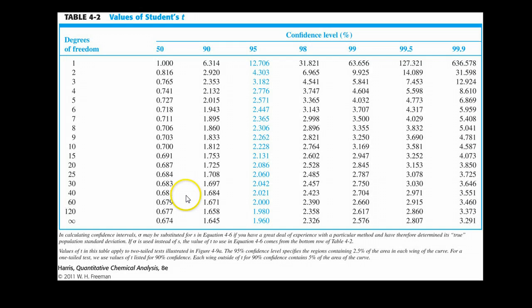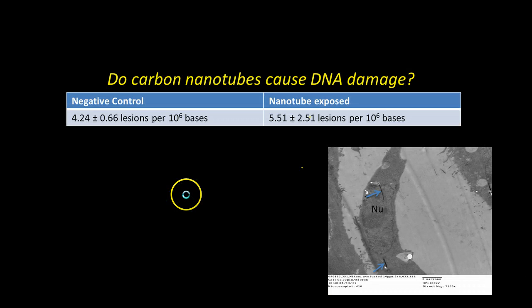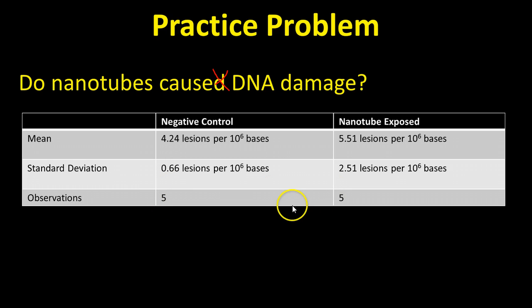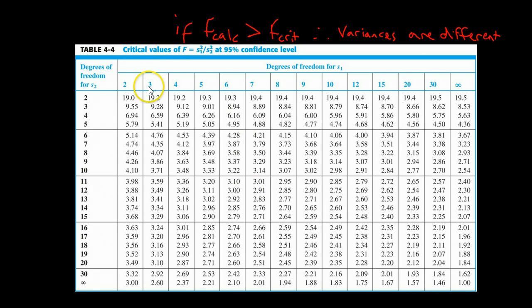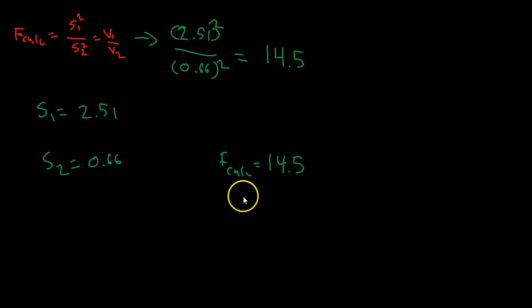And so we look back at our table and we remember that there are 5 observations in each. So that means the degrees of freedom is n-1, so for each of these, this equals 4. Okay. So you go to the degrees of freedom in your numerator is 4, and degrees of freedom in your denominator is 4. So where these overlap, this is your f-critical, sorry.